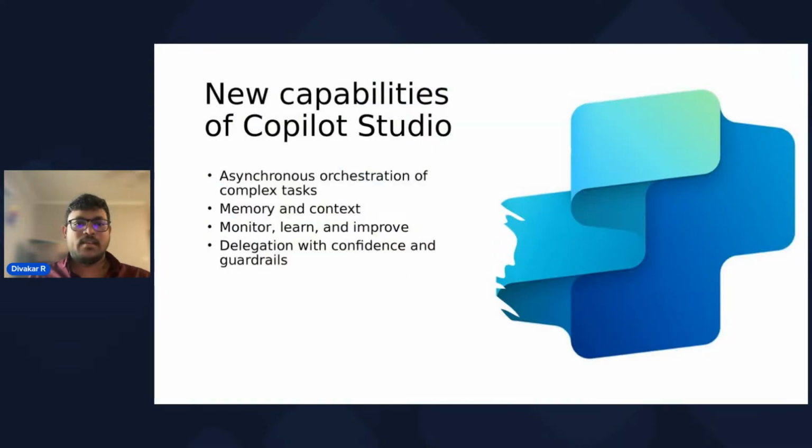Okay, so the new capabilities: the existing systems were running on Power Platform. Right now, they have built an asynchronous orchestration system where your models are capable of running things in parallel, and they have improved the memory management a lot. So all these things happen dynamically based on the load and based on the user needs.